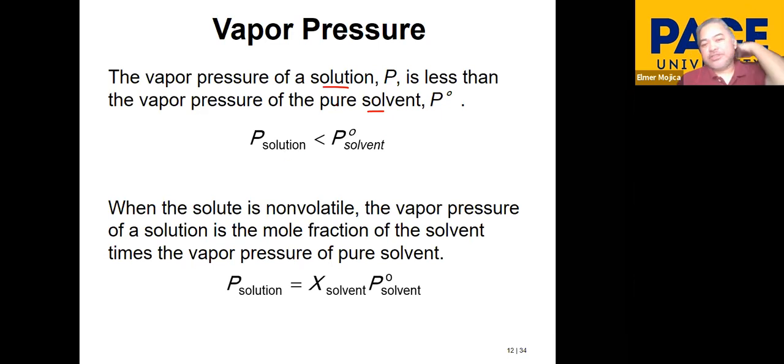If you look at the composition, when we say pure solvent, what does it mean? What is the percentage of solvent in a pure solvent? It is 100% solvent. Now, what happens if you have a solution?